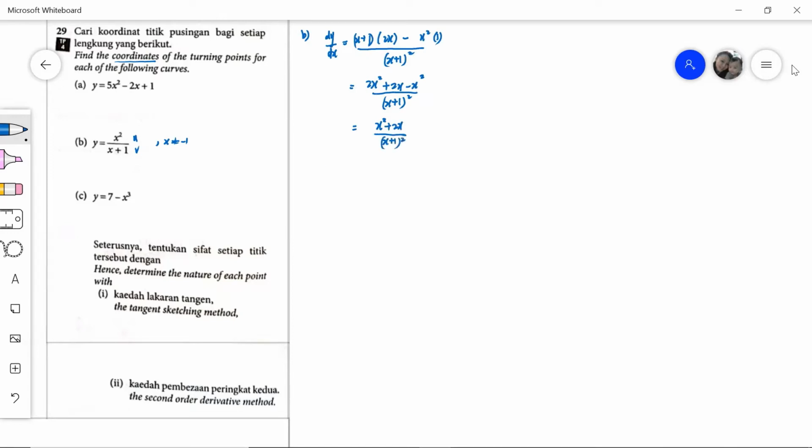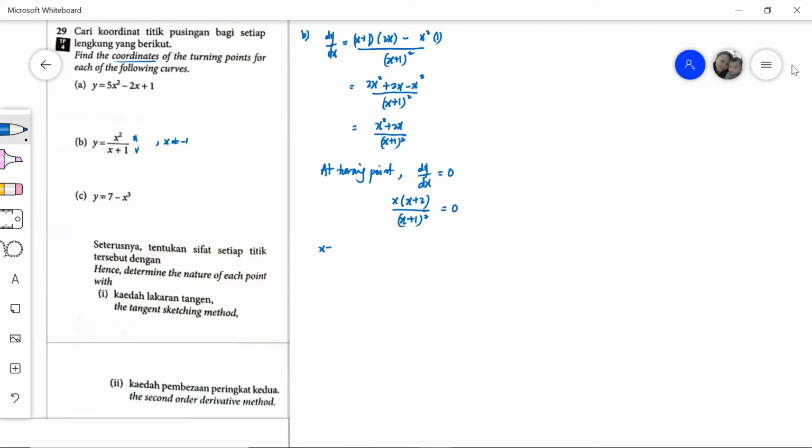And we know that at a turning point, our gradient is 0, so dy/dx equals 0. We already differentiated, so let's just use that. So we have x bracket x plus 2 over x plus 1 squared equals 0.